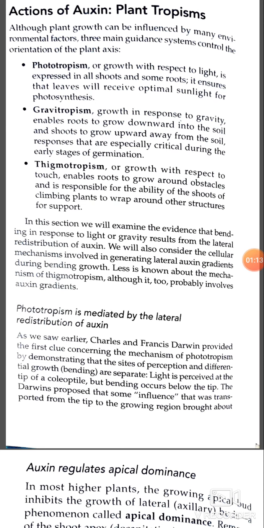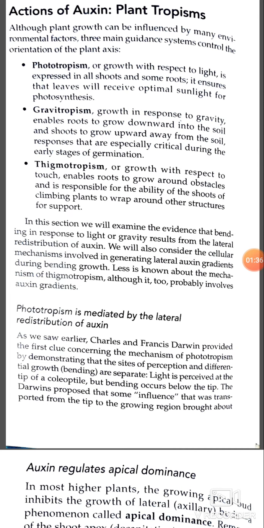Photo means light and tropism means growth. So growth with respect to light is expressed in all shoots and some roots. It ensures that leaves will receive optimum sunlight for photosynthesis.